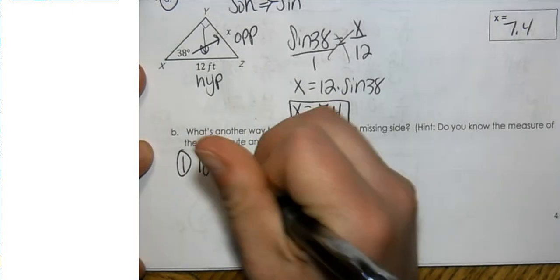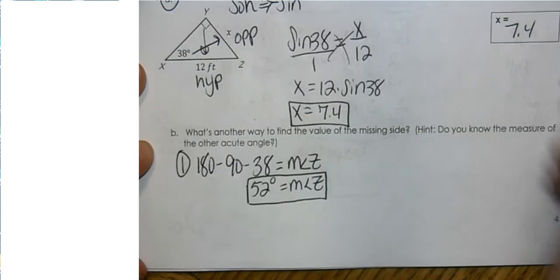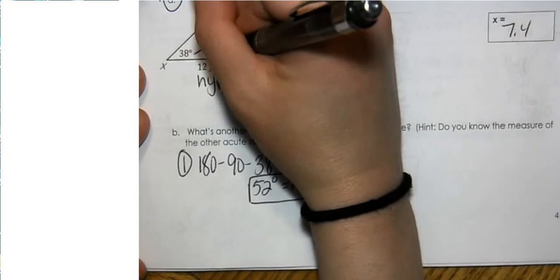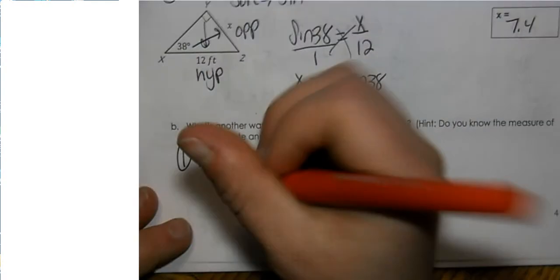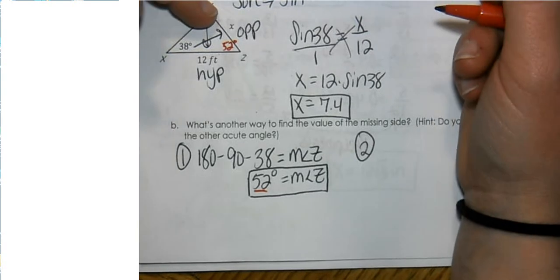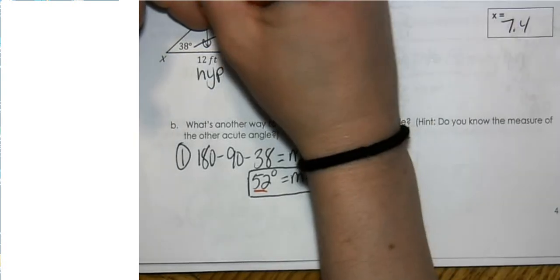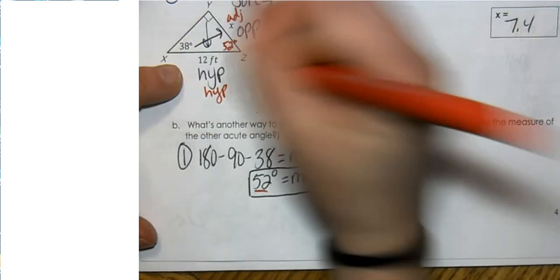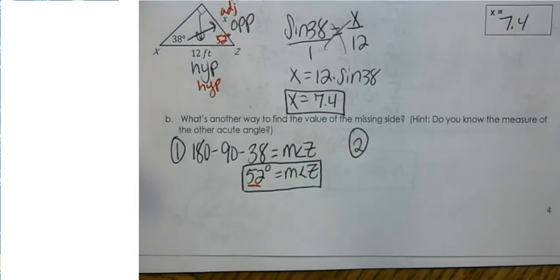So now that I know the measure of angle Z, which is 52 degrees, x is no longer going to be the opposite, it would now be the adjacent, and 12 would still remain the hypotenuse. I could work with cosine.